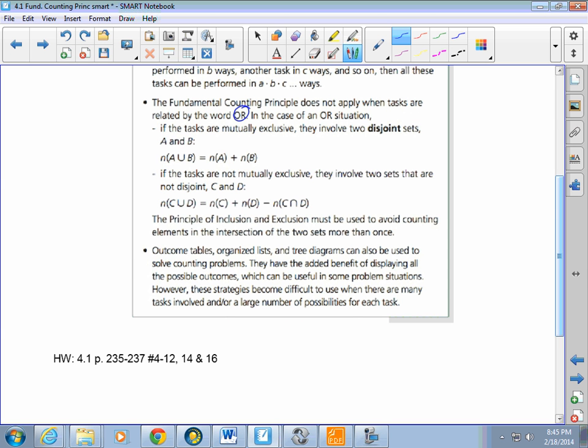As we said at the beginning, when it's a nice simple thing, like the outcomes table we did for conditional statements, converse, inverse, and so on, you can use an outcome table like that, or you can use tree diagrams or some kind of a list that you can organize it in. They work well, they're a nice visual, but it's only good when you're working with small values. As soon as you get into more than 3 things, it gets very cumbersome and time consuming.